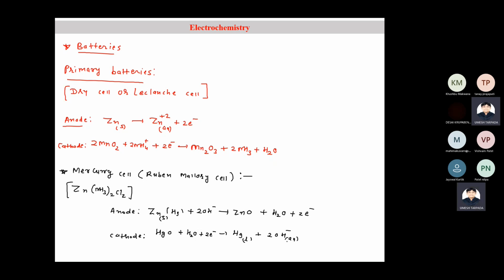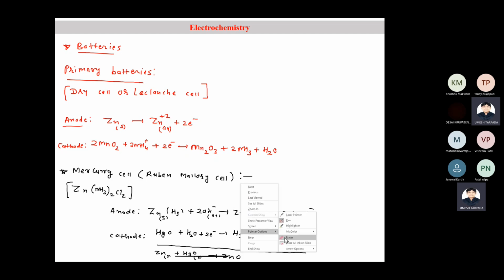So if you write down the overall reaction, what happens? OH minus cancels out, everything cancels out, electrons cancel out. So you get Zn plus HgO gives ZnO. Oxygen transfer simply takes place. One is an oxygen donor, another is an oxygen acceptor.